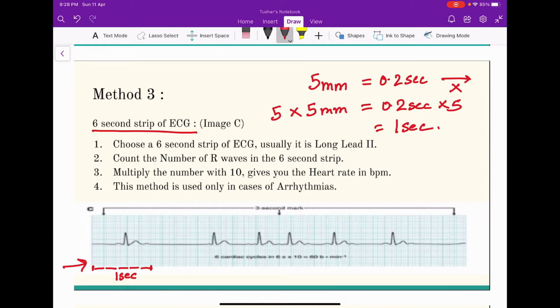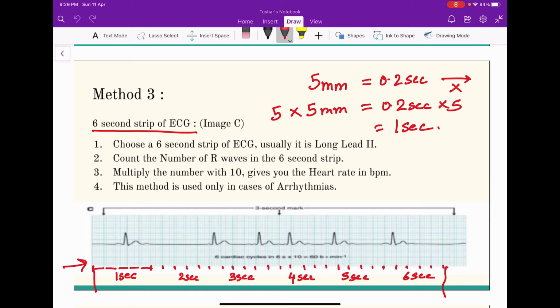Similarly, you need to calculate the second, third second, fourth second, fifth second, and sixth second. So from here to here is called a 6-second strip.